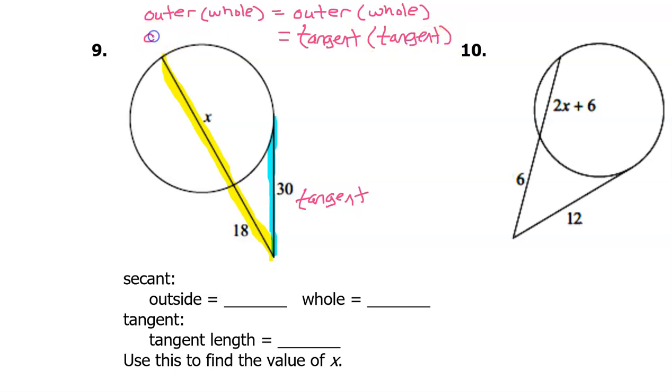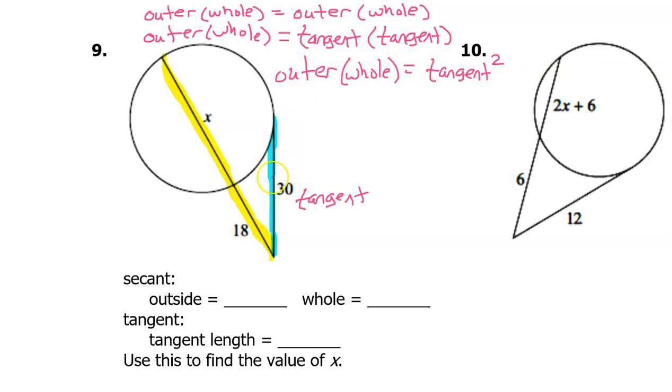So instead of having outer times whole equals outer times whole, the formula becomes outer times whole equals tangent times tangent. The reason why I'm taking the extra minute to write it that way is because we can now simplify it even more. Because tangent times tangent is tangent squared.